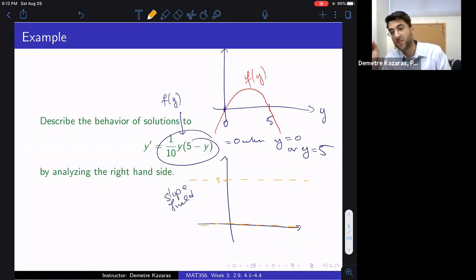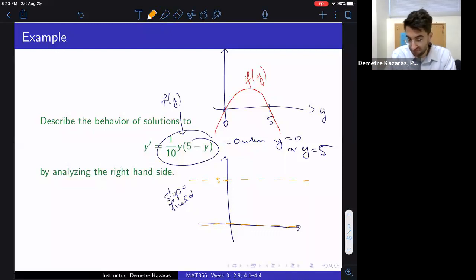Remember, to make a slope field for a differential equation like this, at every point t comma y, you should draw a little tiny line segment, the slope of which is the value of the right-hand side of the equation at that point. Since the right-hand side vanishes for these values of y, we get 0 slope lines.